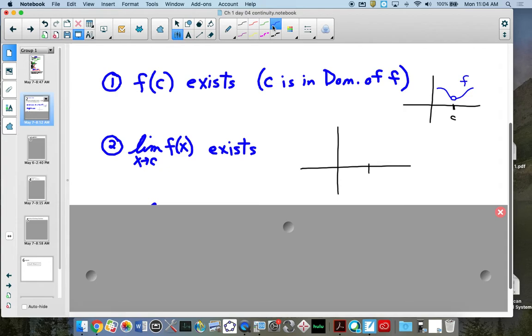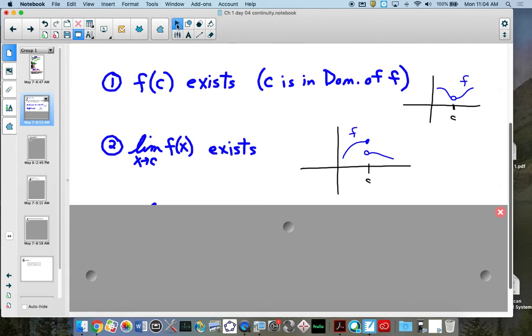We could have something like that. Here f of c does exist, so the first test passes, but it doesn't pass the second test. The limit does not exist because the right and left hand limits are different.